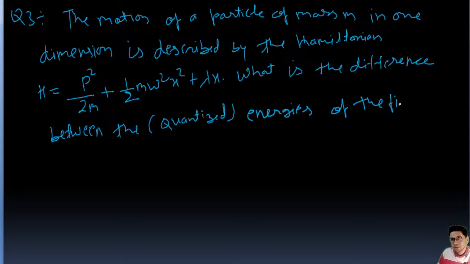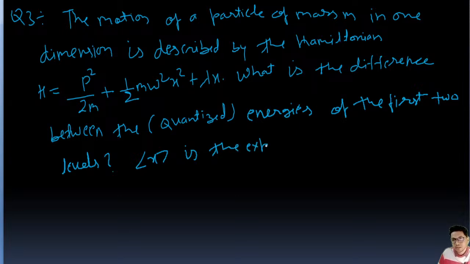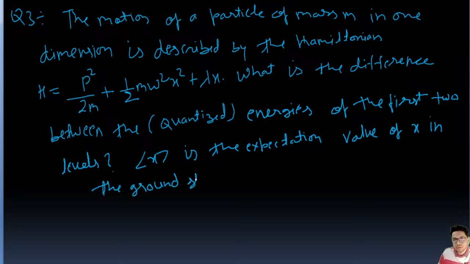Here the average of x is the expectation value of x in the ground state.